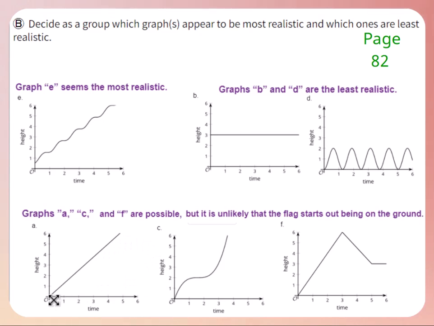But it's unlikely because the flag starts on the ground. And if you know anything about flags, we don't like our flags to touch the ground. This last one, it goes up quickly, drops down, and stays constant. So those are unlikely, but they could happen. These two are the least realistic.